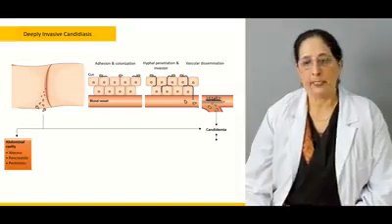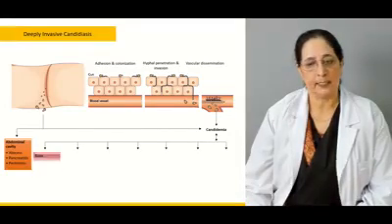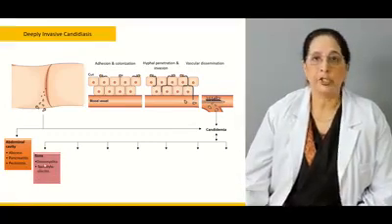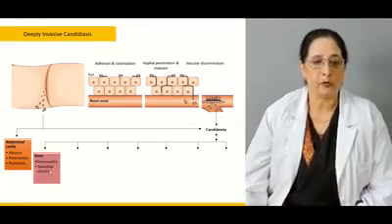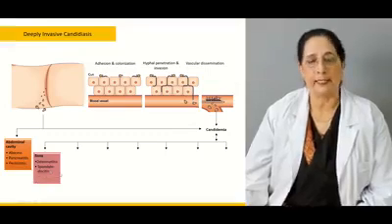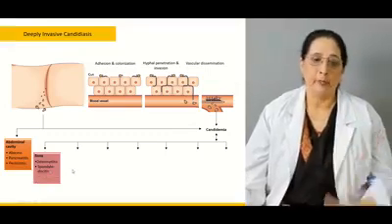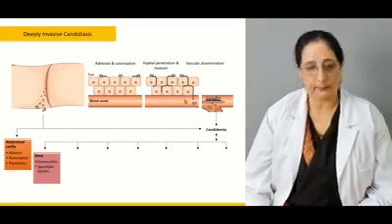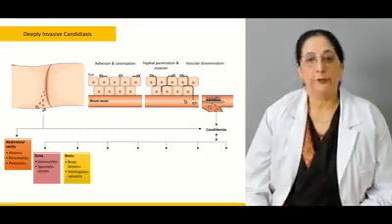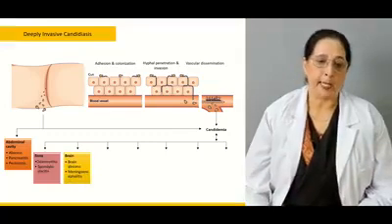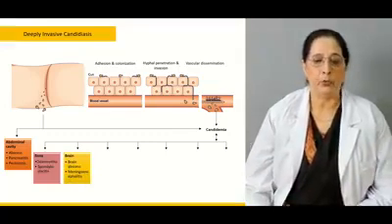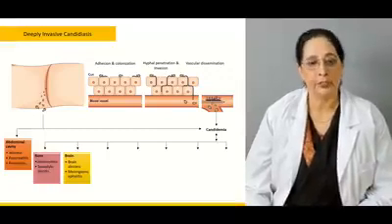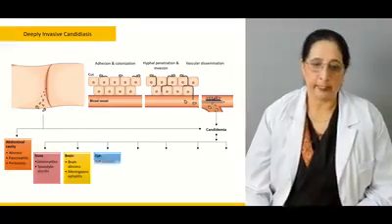Next, deeply invasive candidiasis examples. If it reaches the bone, we have osteomyelitis, spondylodiscitis. Both are involvement of the bones, with inflammation of the bones. If it reaches the brain, then brain abscess and meningoencephalitis, inflammation of the meninges and the brain parenchyma.